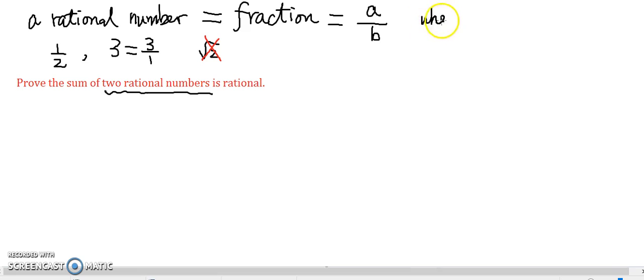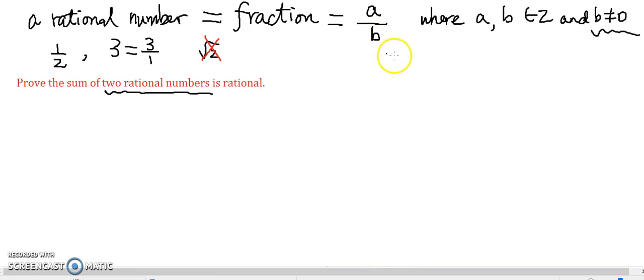And make sure we know that a and b here are both integers, because if they're not integers, we may not get a fraction. The reason we put b not equal to 0 is that we cannot divide an integer by 0. So the denominator is not 0.